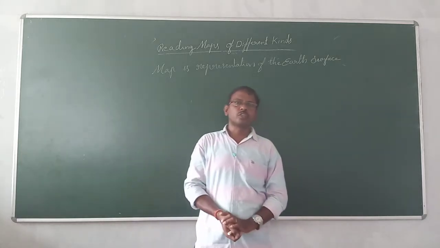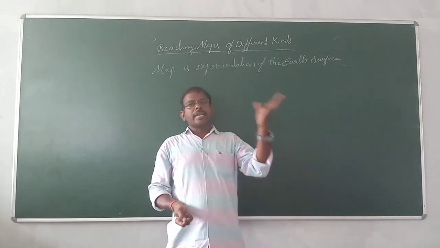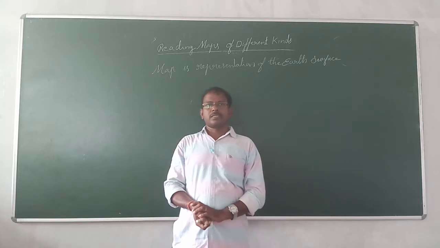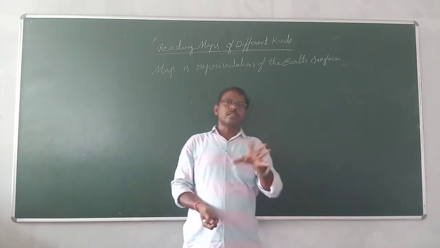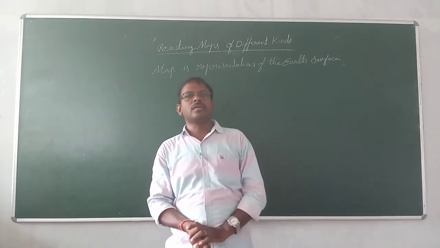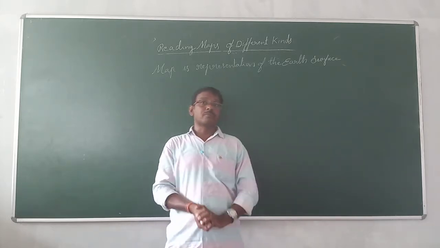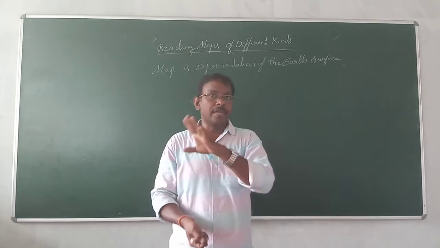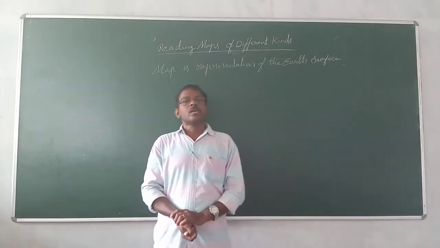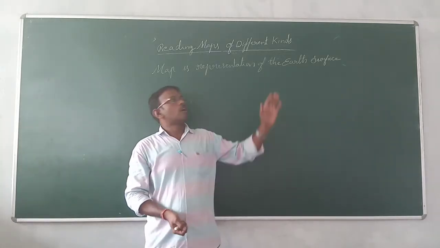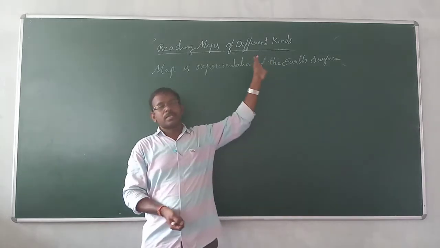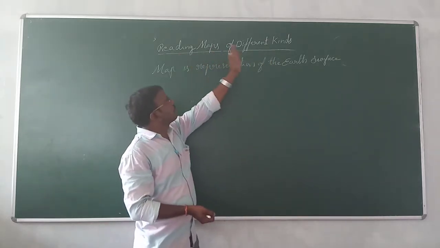Different directions we know, and different symbols we know. All these things we discussed in 6th class. And different types of maps I have also discussed in the basics. So here, according to our lesson, that is reading maps of different kinds.